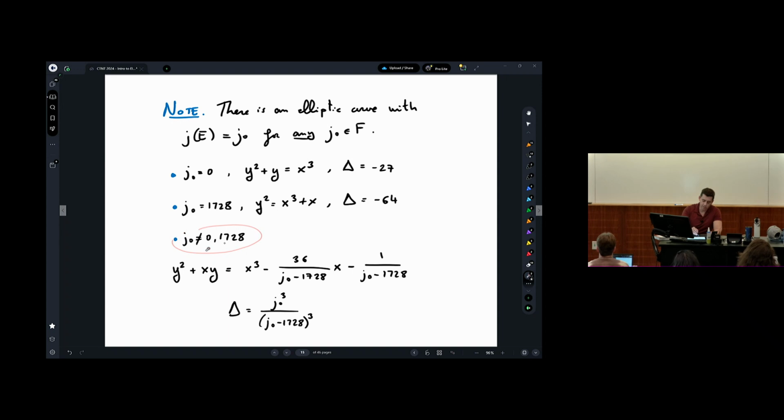And if j is not 0 or 1728, this elliptic curve has j invariant j. So you can actually always come up with one that has that j invariant. So if you want an elliptic curve with j invariant equal to 7, you plug in 7 in there, and that elliptic curve will have j invariant equal to 7.